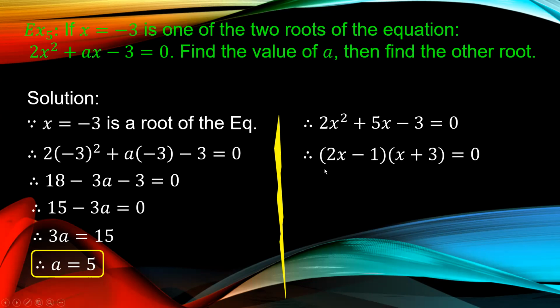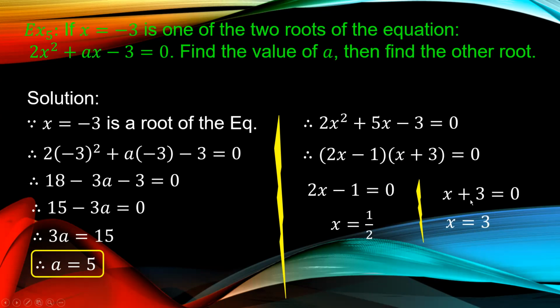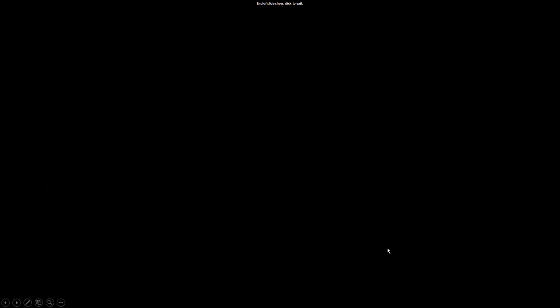Here, I will use factorization. It's very easy: 2x minus 1 times x plus 3 equals 0. The first, 2x minus 1 equals 0, then x equals half, and x equals, sorry, negative 3. Then the other root is half. Here I have two roots, negative 3 and half.